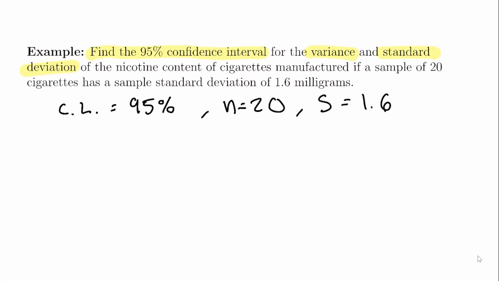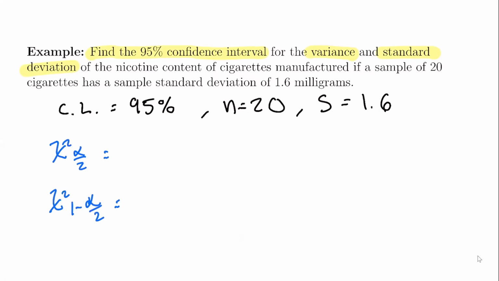All right. So right now we're going to focus on our chi-square values. So we're going to do chi-square of alpha divided by 2, and chi-square of 1 minus alpha divided by 2. So first thing I want to find is alpha.